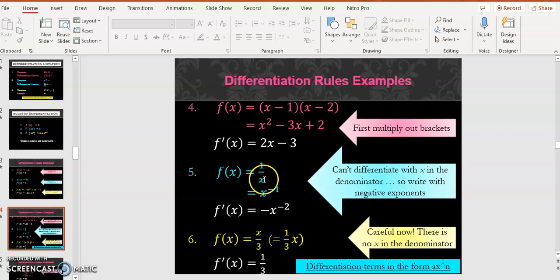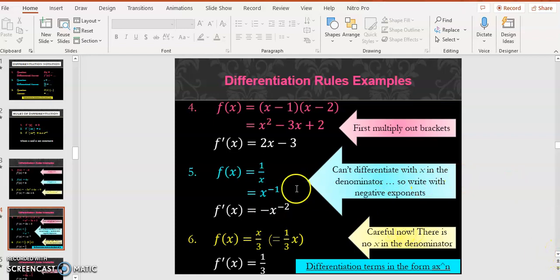So 1 over x to the power 2 is going to be x to the power negative 2. If there is 2 here, 2 over x is going to be 2x to the power negative 1.